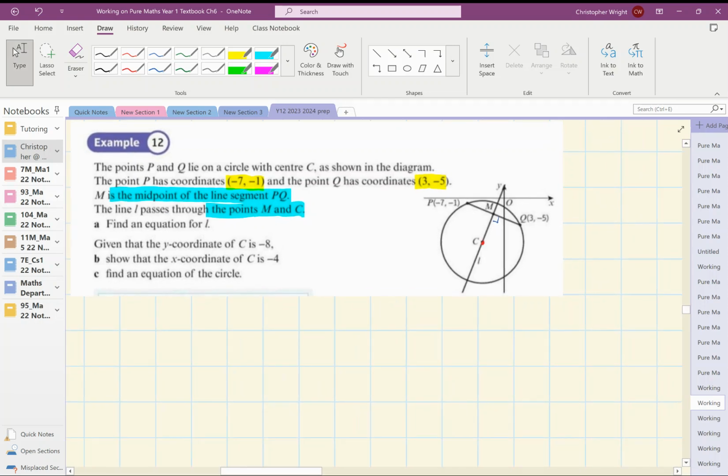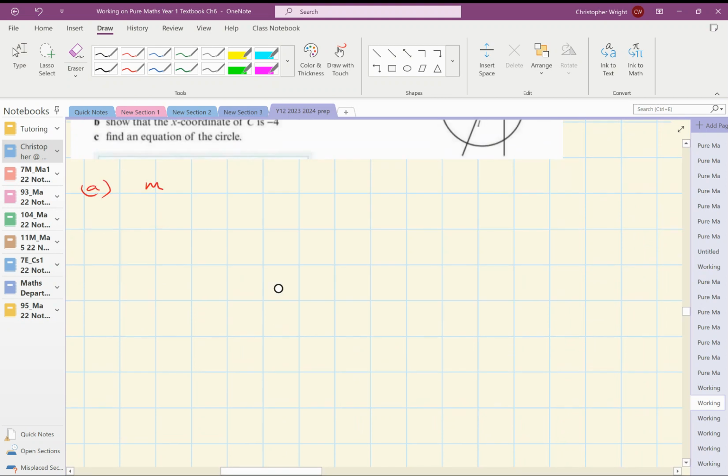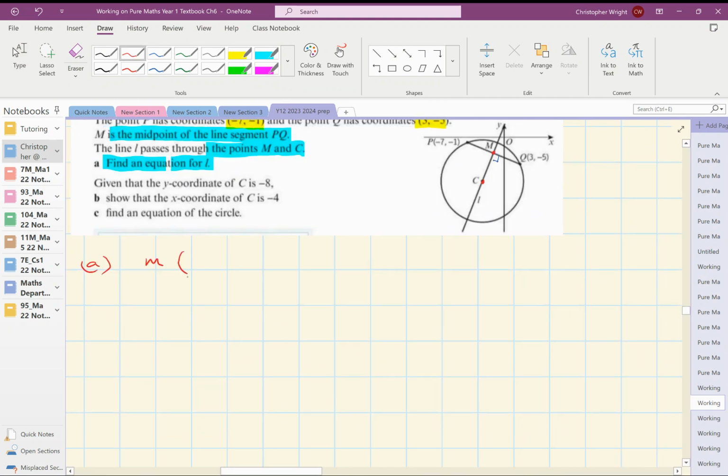Now, to find an equation for L, this is part A we're doing, I need to know the gradient of L and a point on L. Well, I know that L goes through M, and I know that M is the midpoint of P and Q. So I can find a point on the line L, because the midpoint of P and Q is going to be the midpoint of the x coordinates, that's -4/2, and the middle of the y coordinates, -6/2.